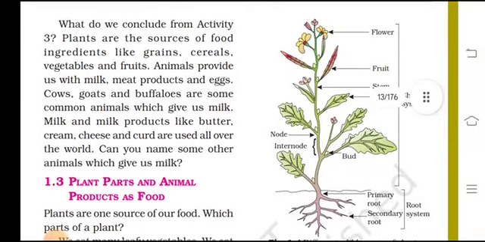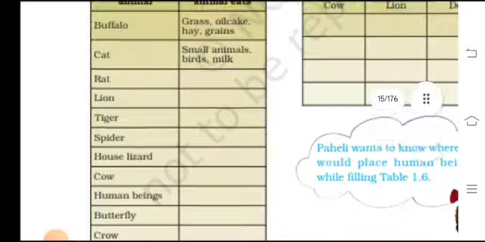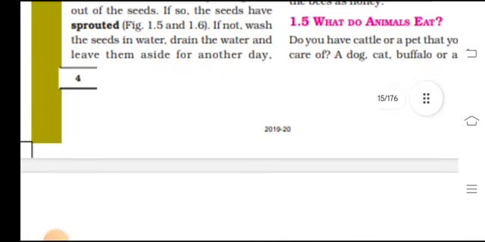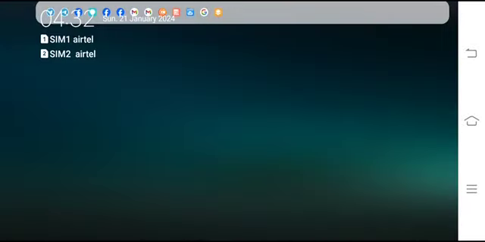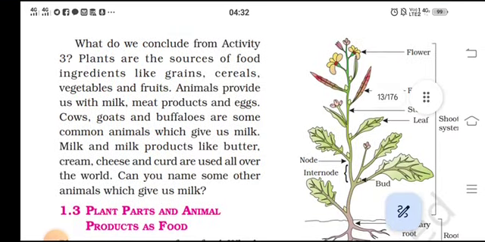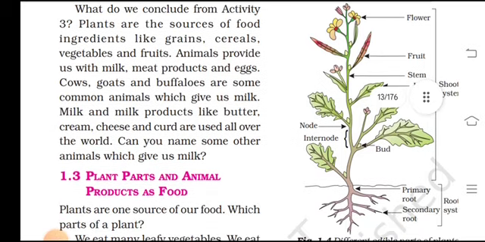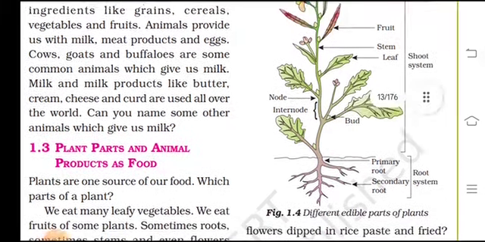What do we conclude from Activity 3? Plants are the source of food ingredients like grains, cereals, vegetables and fruits, and animals provide us with milk and meat products and eggs. Cows, goats and buffaloes are some common animals which give us milk.